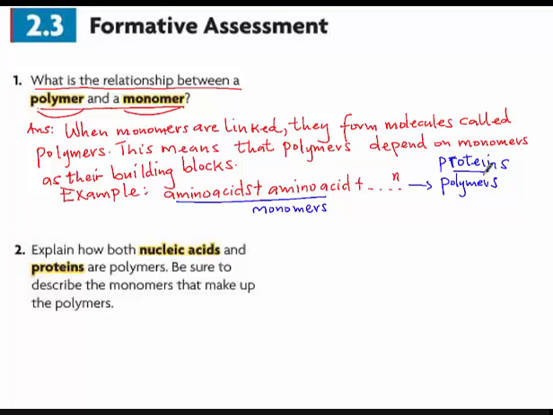So both nucleic acids and proteins are complex molecules.